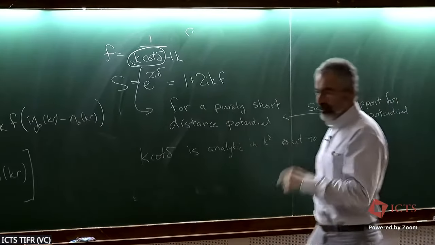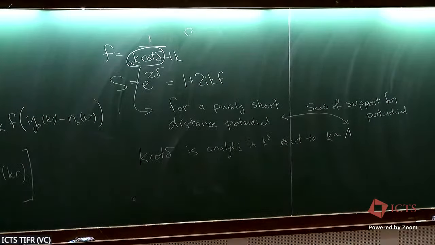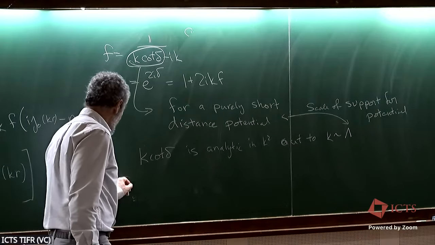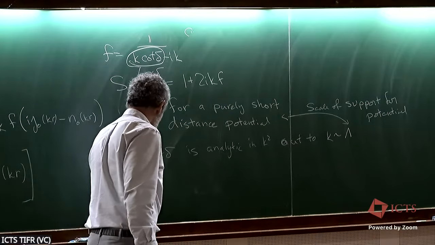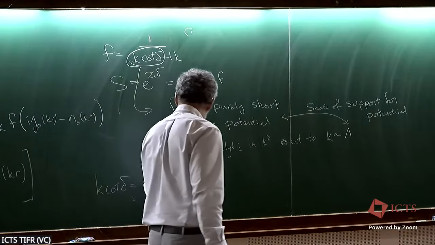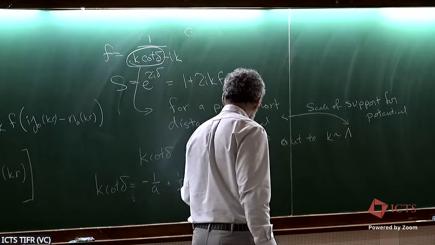And this was proved originally by Bethe, I believe, and then a highbrow proof by Schwinger. And that means that you can expand k cotangent delta in what's called the effective range expansion. And there are higher order terms.